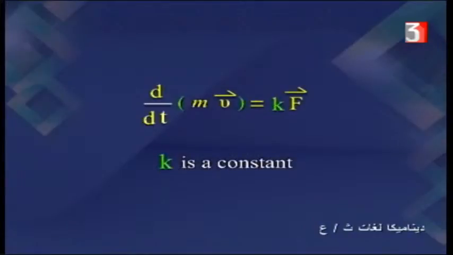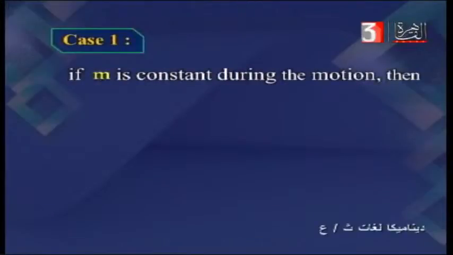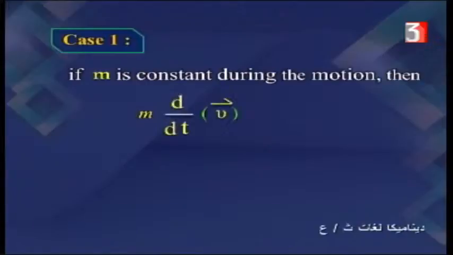We have two cases in Newton's second law. The first case: if the mass m is constant during the motion of the body, then m times dv/dt equals kF. v and F are vectors.